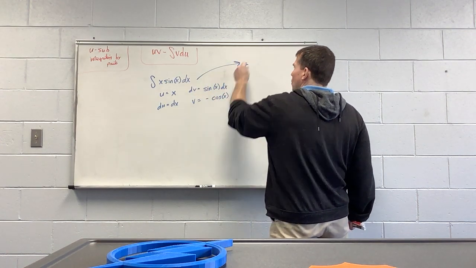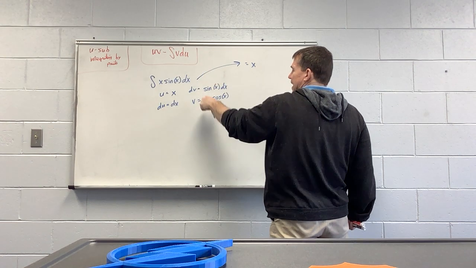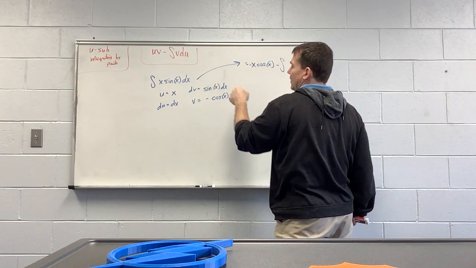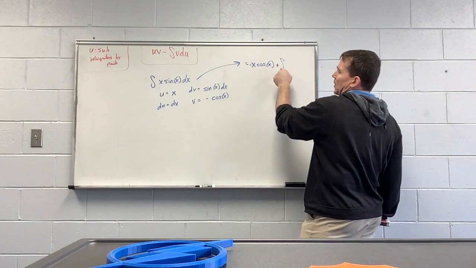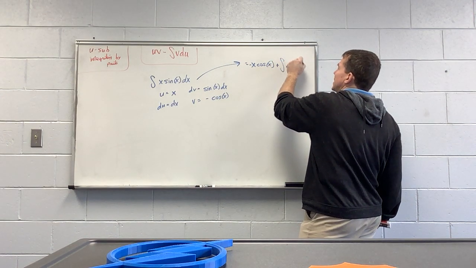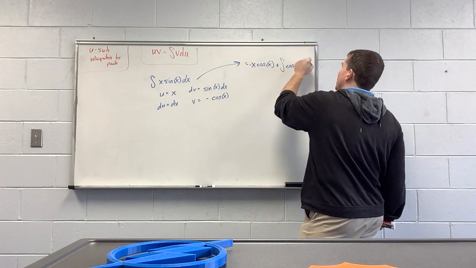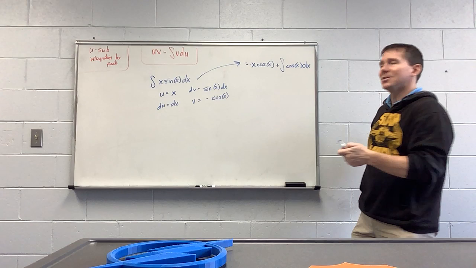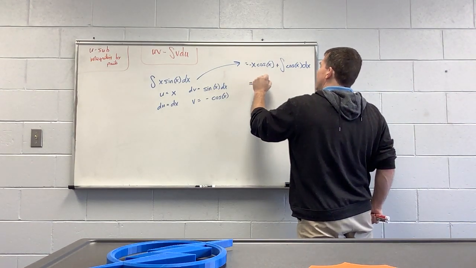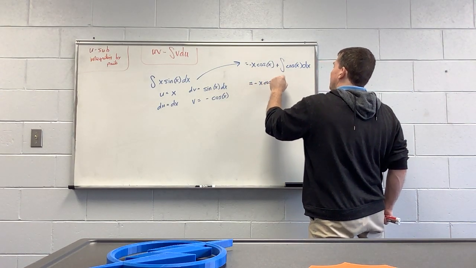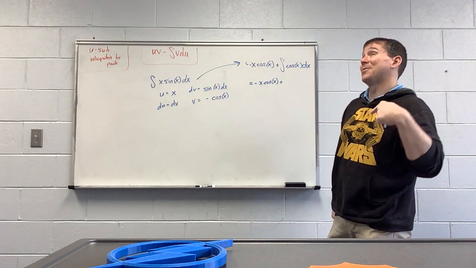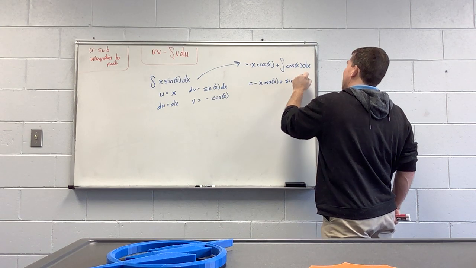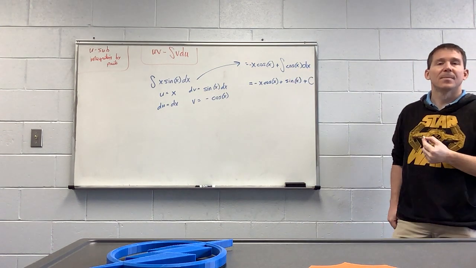That becomes u, which is x, v, which is negative cos x, minus the integral of v, which is negative, so when I pull it out that becomes positive, cos x du, which is dx. And now this integral is one I can solve. So I get negative x cos x plus the antiderivative of cosine is sine. Sine x plus c.